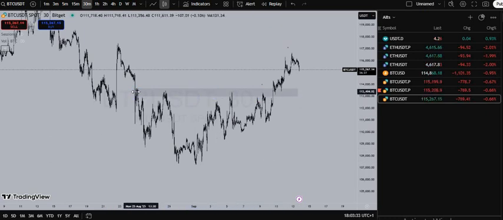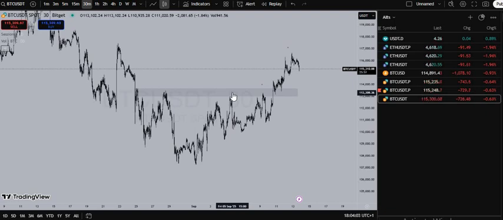In this, you can see price getting rejected here, here, here, moving towards that level, getting rejected here, here, here, before breaking out of this range. So this price level can be identified by support and resistance traders as a resistance level in the market. It poses a barrier to price movement, basically.